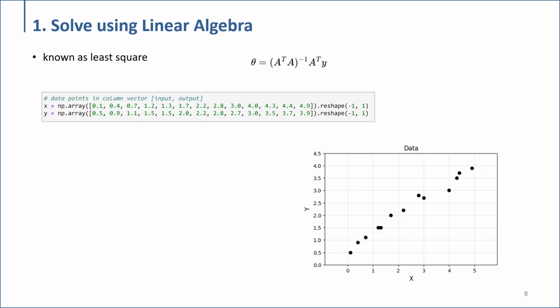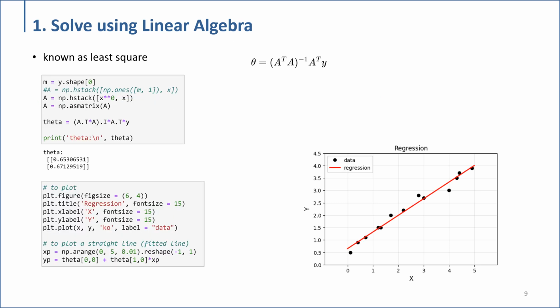Based on that, let's solve this least squares problem using the linear algebra that we have learned in the first class. Let's say we have a given dataset for x and y, like this. In this case, the least squares problem can be written like this, where A is just the phi matrix.